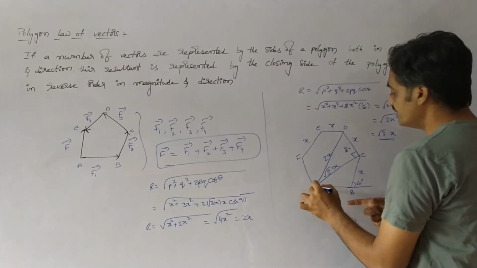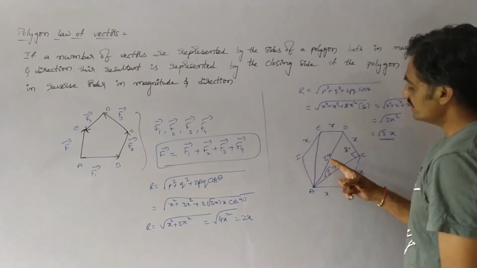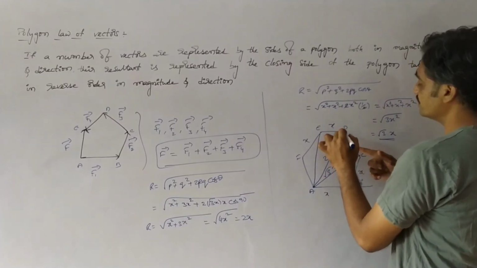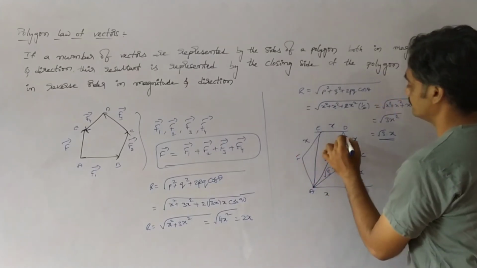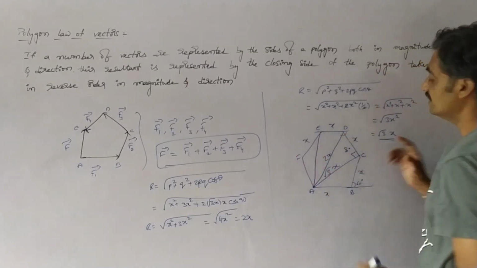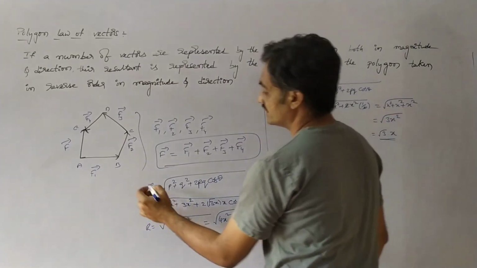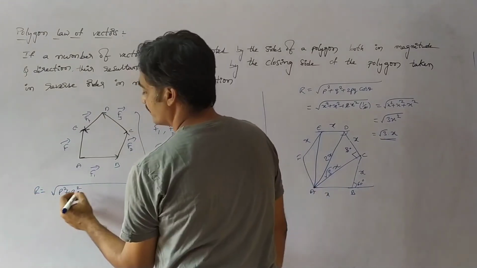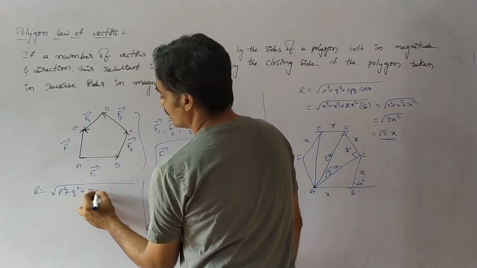Now we have to find the resultant from A to E. Here we have 2x and x, and the angle at this position is 120. Based on this, the resultant is r equals under root of p square plus q square plus 2pq cos theta.